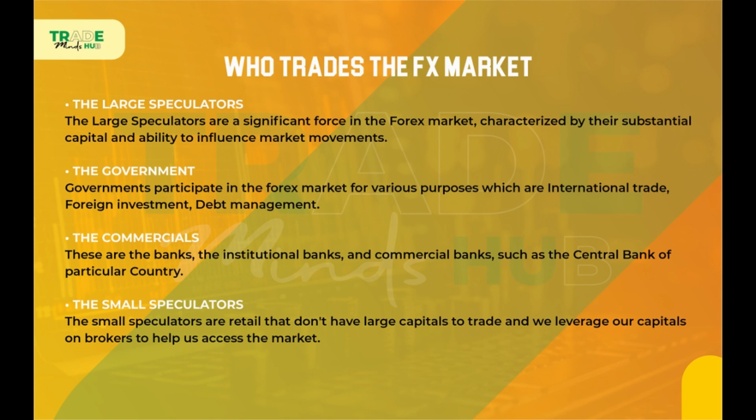But the other category is where we talk about the large speculators. And what are the large speculators? These are large companies. Because they have deep pockets, they are called the large speculators. There are companies such as MTN, Coca-Cola, and the rest. They are also known as the hedgers in the forex market.